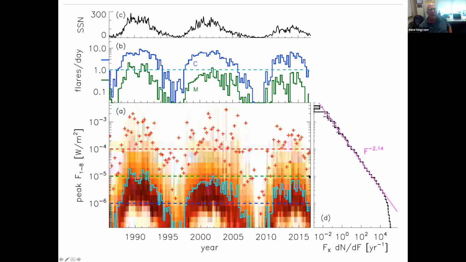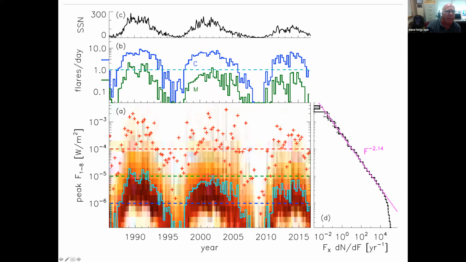Here's my favorite plot because I made it. This is a little tougher to see, but basically the year is along the bottom, and this is S, the classification. The blue line here is at the boundary for C class flares, the green is M class flares, and the red is X class flares.